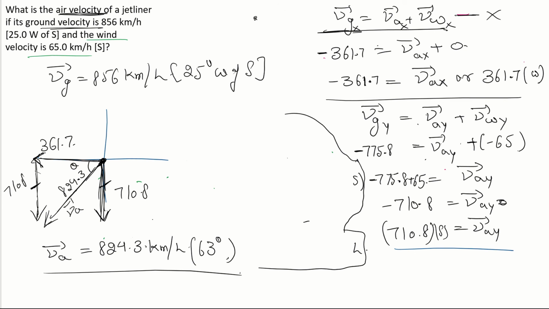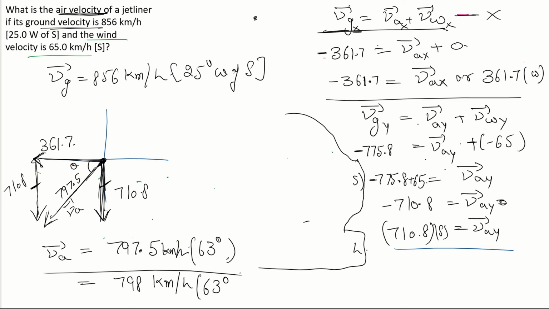Oops, see, that's where I was also thinking I'd made a mistake. So this value is 797.5, so this value comes out to be 797.5 kilometers per hour, or I can say 798 kilometers per hour at an angle of 60 degrees.